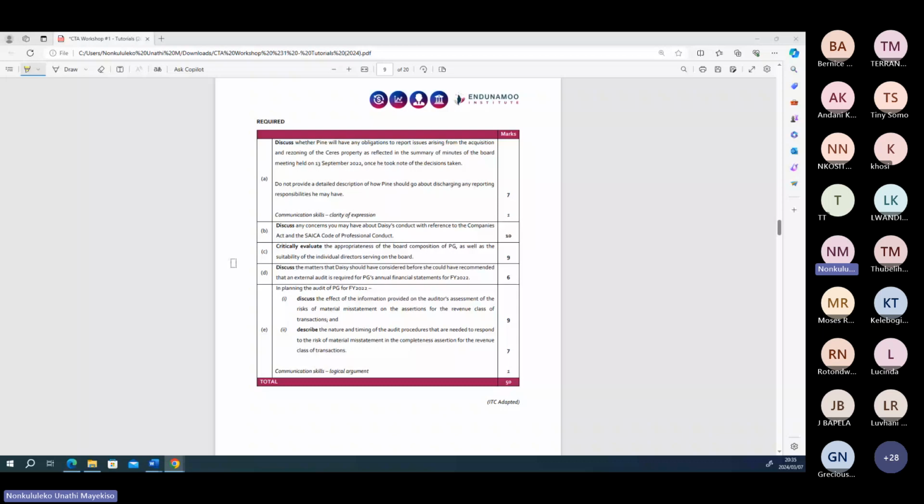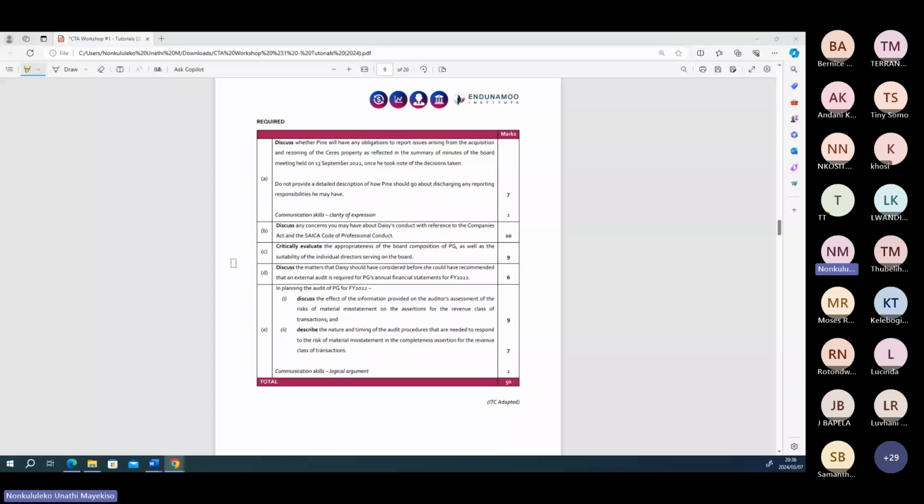So if we take a look at the required now, the first part says, discuss whether Pine will have any obligations to report issues arising from the acquisition and rezoning of the series property as reflected in the summary of minutes of the board meeting held on 13 September 2022, once he took note of the decisions taken.